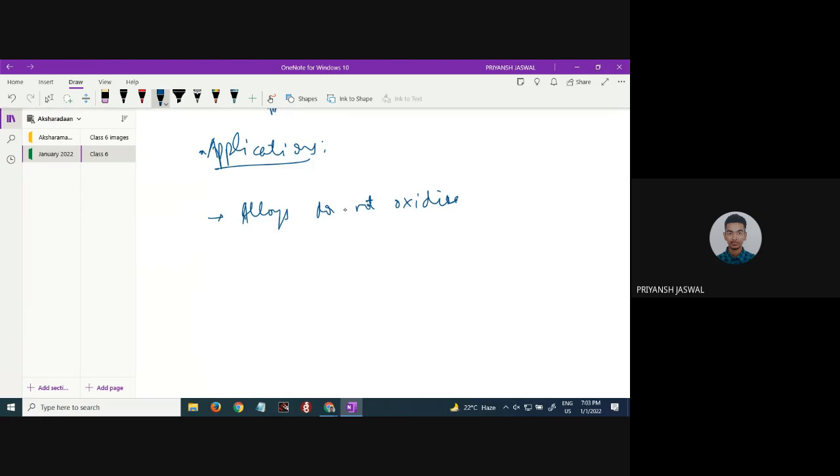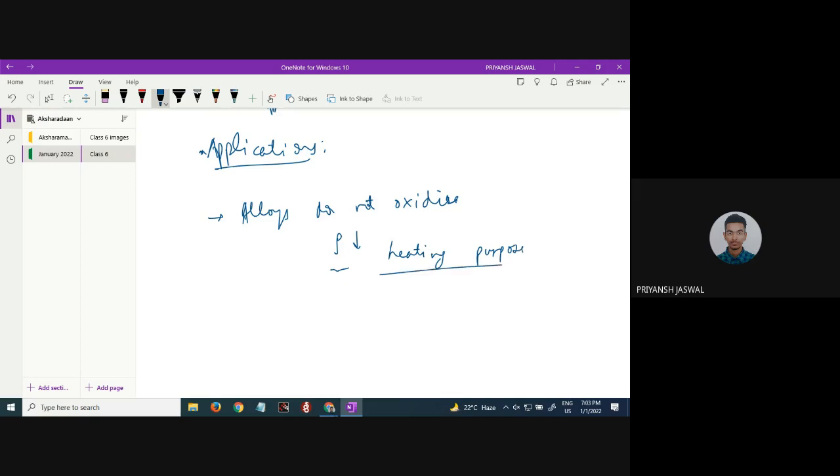So the resistivity for them is low, and they can endure higher temperatures. So these are used for heating purposes, like in the heater rods or in the kitchen also.